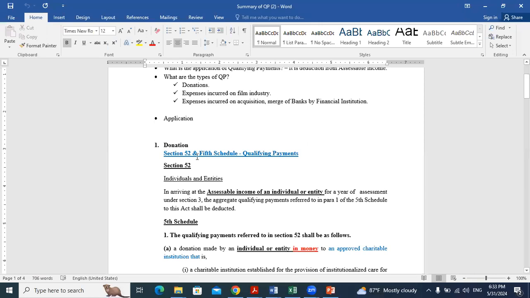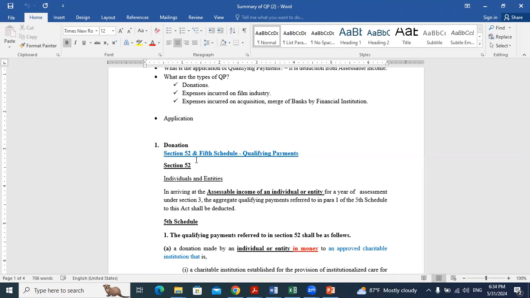These qualifying payments are allowed as a tax benefit for individuals and entities. Individuals like you and me, and the entities. There are three entities we told: limited liability companies, partnerships, and trusts.